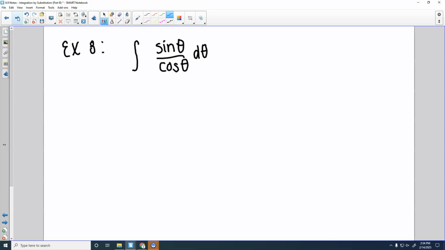So I feel like we should probably use the denominator in this case. So let's let our u be cosine of theta, which means du is going to be negative sine of theta d theta.